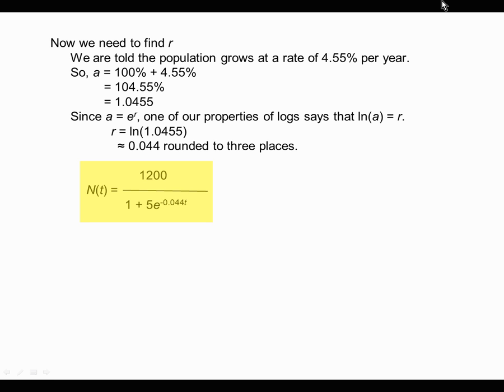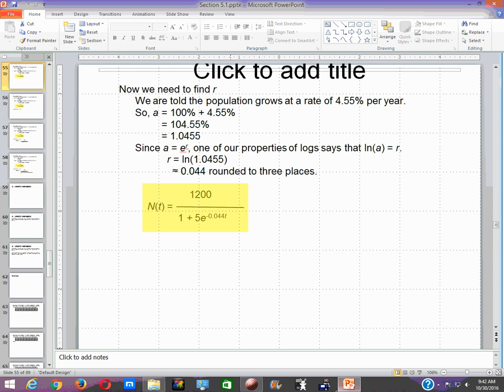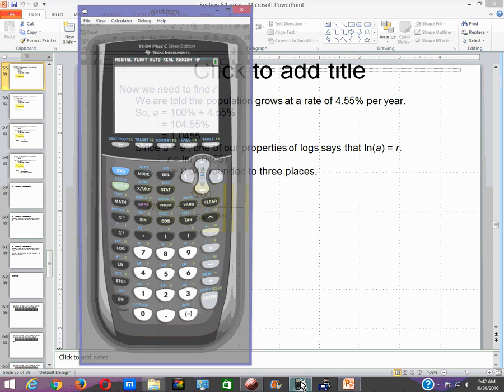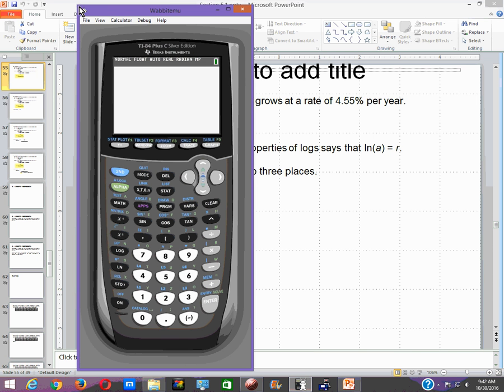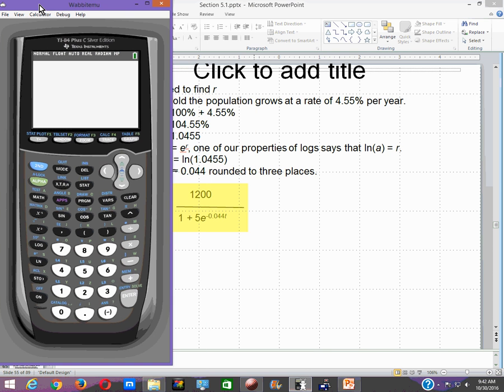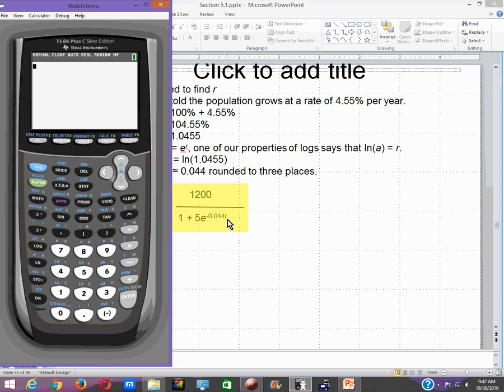Now, we're supposed to use that to find out what happened in the year 2016. So let's take out our calculator and figure this out. For 2016, t is going to be 6. It's going to have 1200. Because I'm only making one calculation, that's the reason I'm not putting it in through y1.